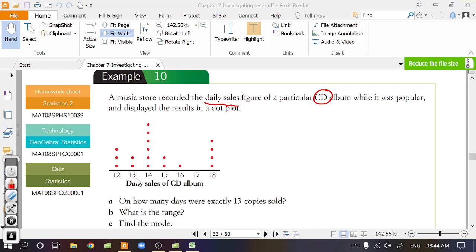What is this 12, 13, 14, 15, 16, 17, 18? 13 copies sold. What exactly are we recording here? The music store recorded the daily sales figure of a particular album while it was popular. It displays results on a dot plot.